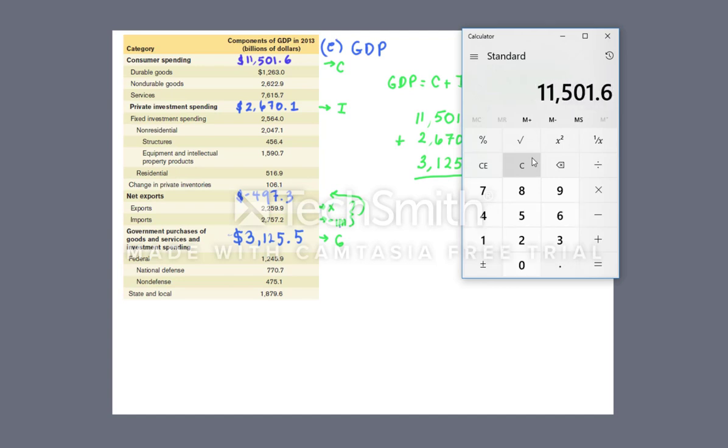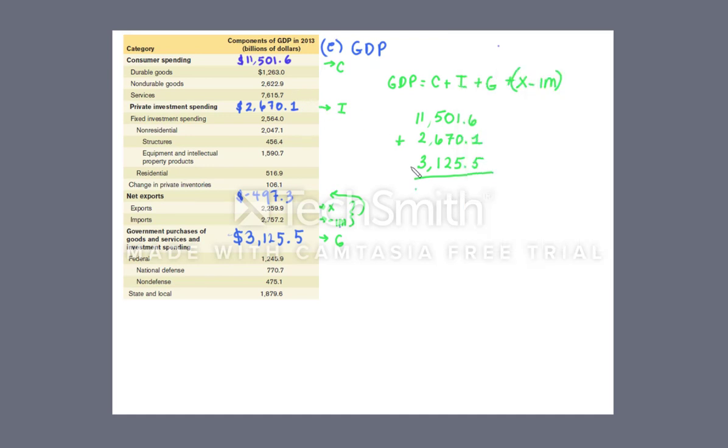Now I can't forget to subtract off my net exports. I'm subtracting because they're negative. If they were positive, I would add it in. So I have this number minus 497.3 billion, and I have a final total of 16,799.9 billion US dollars.